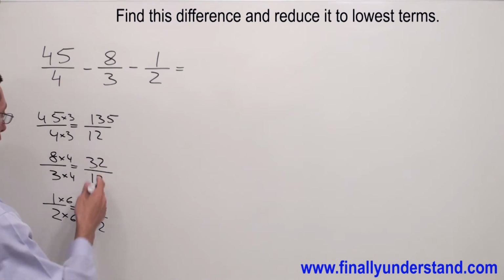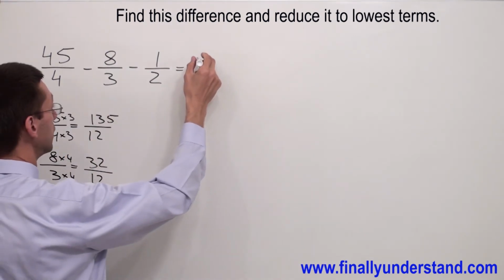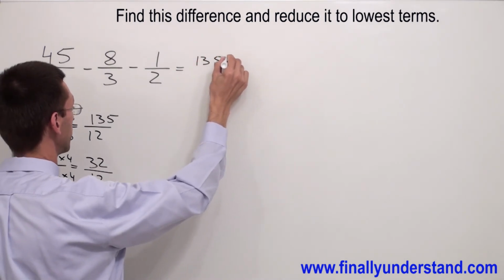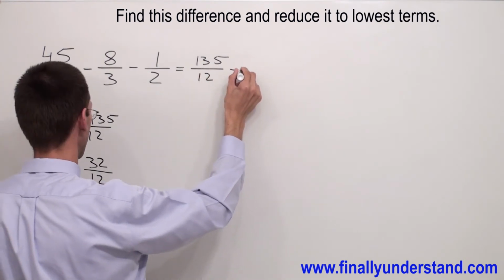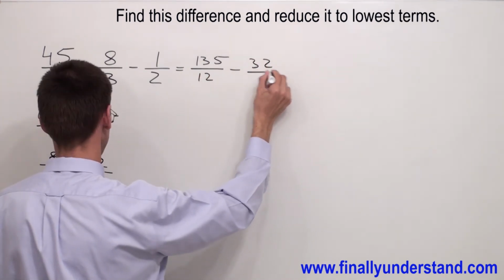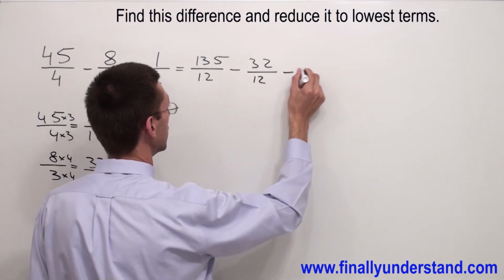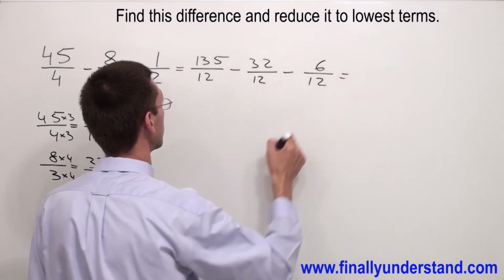Now I'm going to copy all the equivalent fractions which I just found into my equation. So I have 135 over 12 minus 32 over 12 minus 6 over 12.